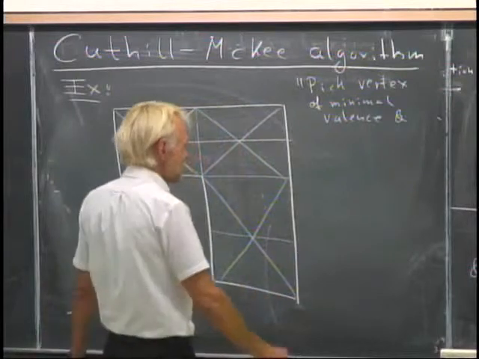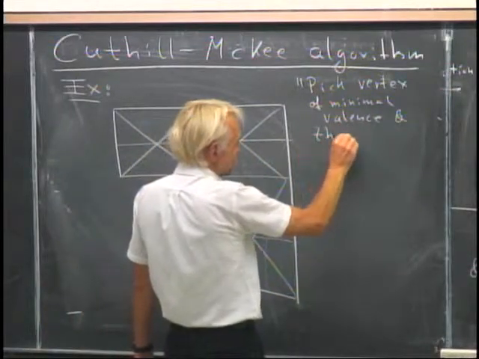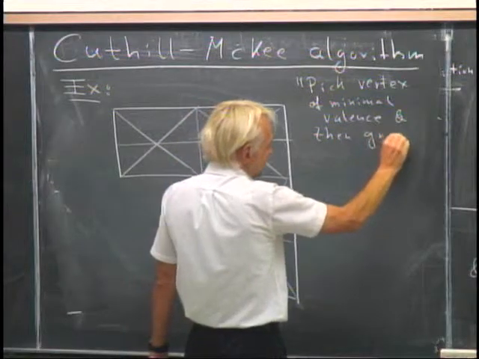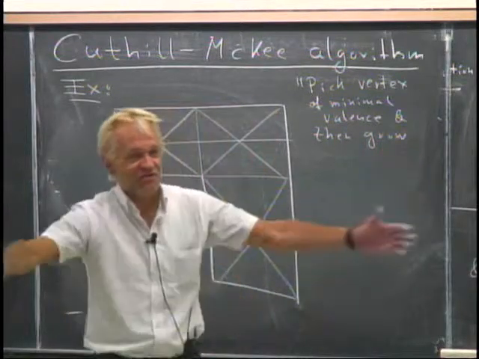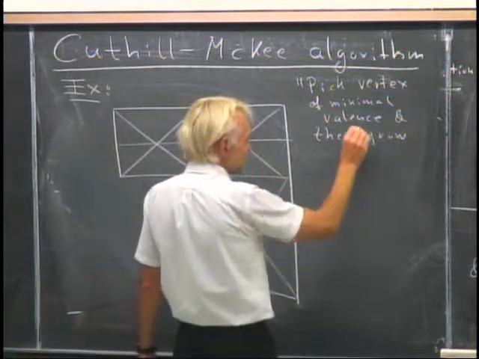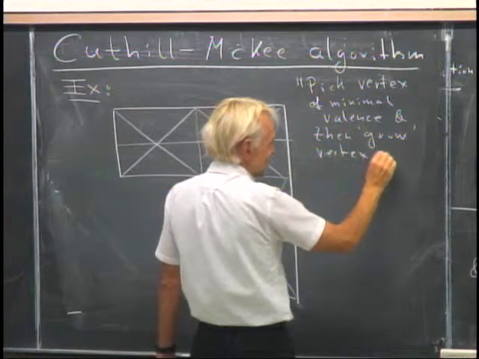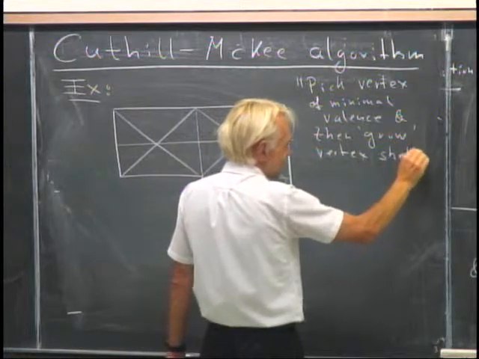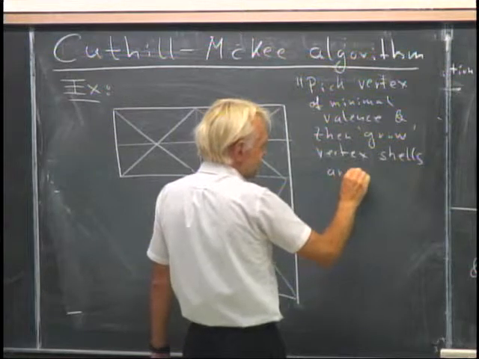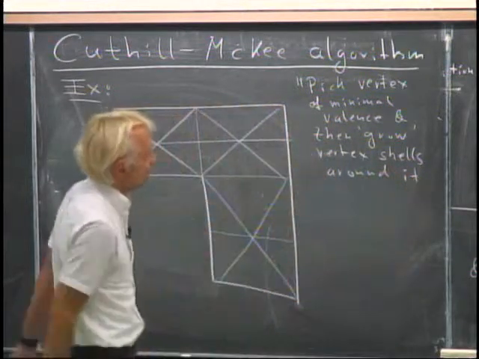This will not be in the book by Cuthill-McKee or the paper. And then grow. I call them vertex shells. Grow vertex shells around it or from it in some kind of advancing front approach.